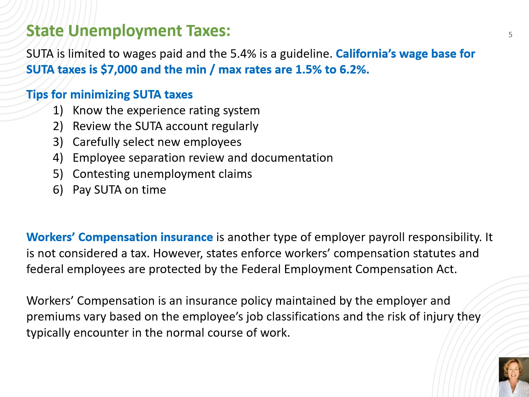States issue letters on an annual basis to companies with the individually determined SUTA rate for the following year. California's wage base for SUTA taxes is $7,000, and the minimum and maximum rates are 1.5% to 6.2%.